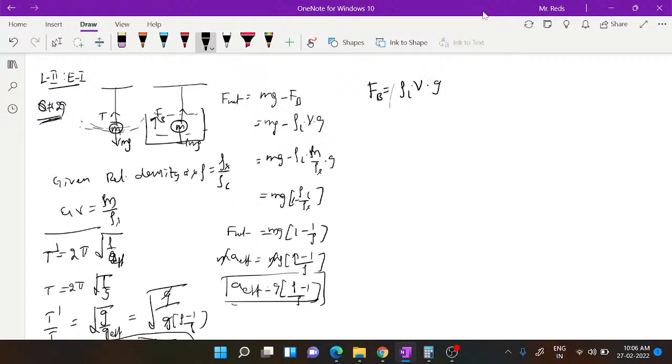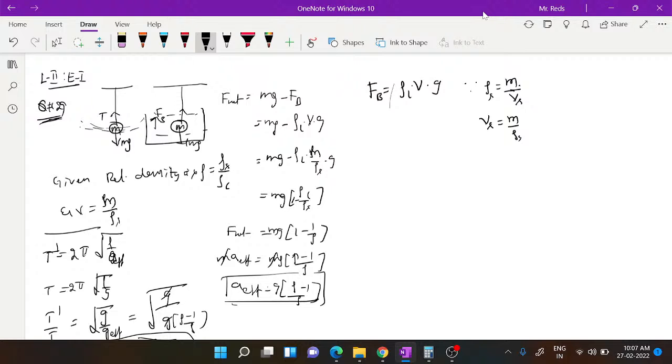This V can also be expressed using density equals mass by volume. So the volume of the solid can be taken as the mass of the solid by the density of the solid, m by rho s.